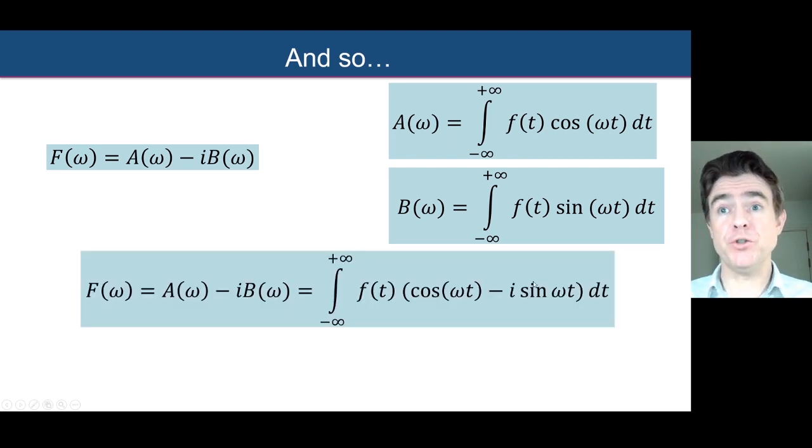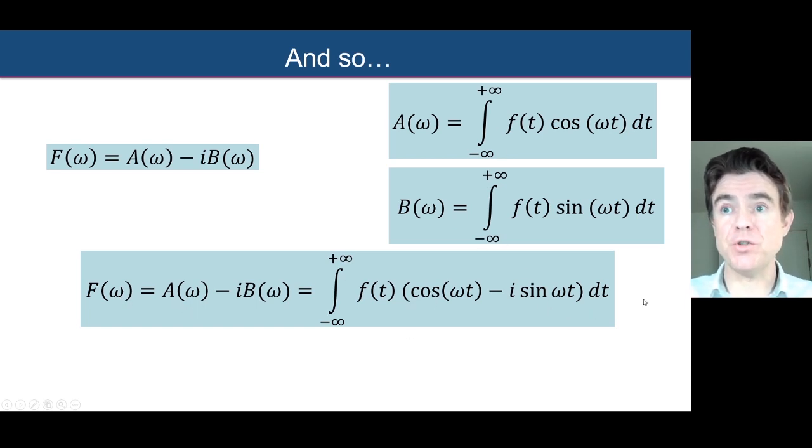Then what we can do is just work through the mathematics very simply. We just substitute these two expressions into that expression there, and so then we can get an expression for the amount, the complex valued amount f of the frequency omega, as just given by that straightforward expression.